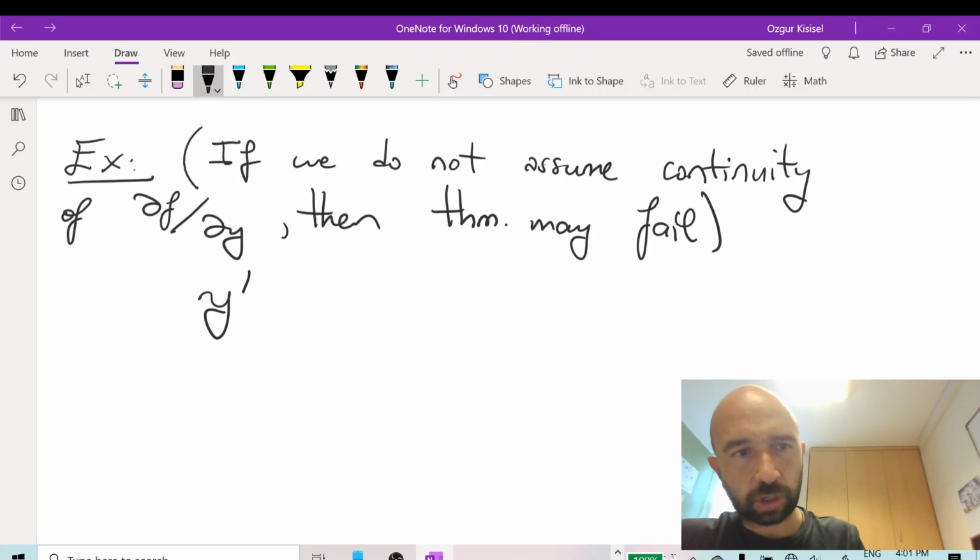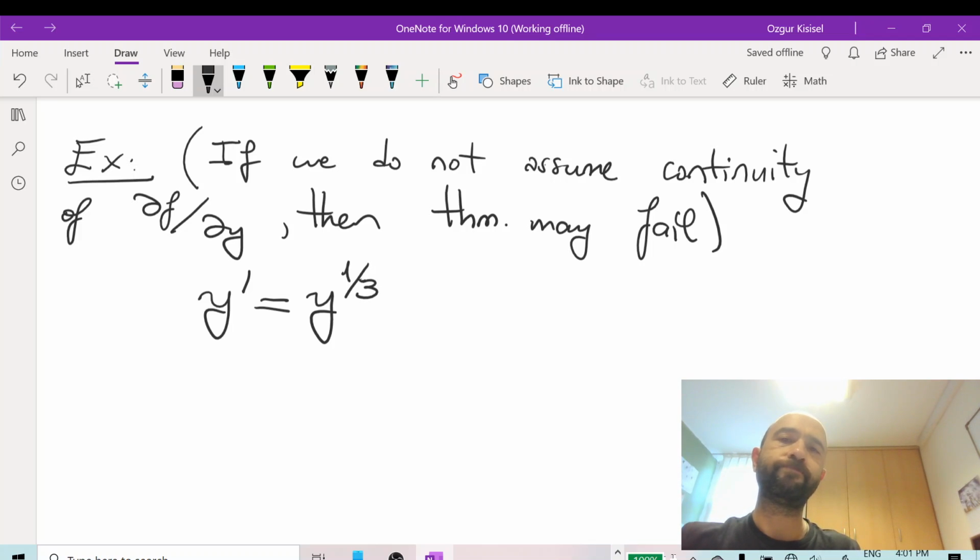Look at y prime equals y to the power 1 over 3. You might say, why 1 over 3? Well, I could have looked at 1 over 2, the square root of y, but there's some problem about taking square roots of negative numbers. I don't want to think about that. The next simplest I can think about is 1 over 3.